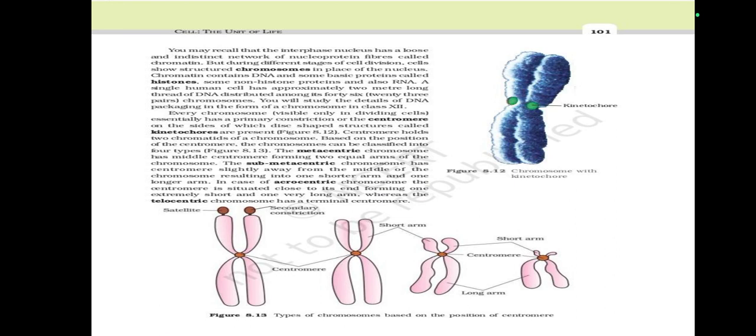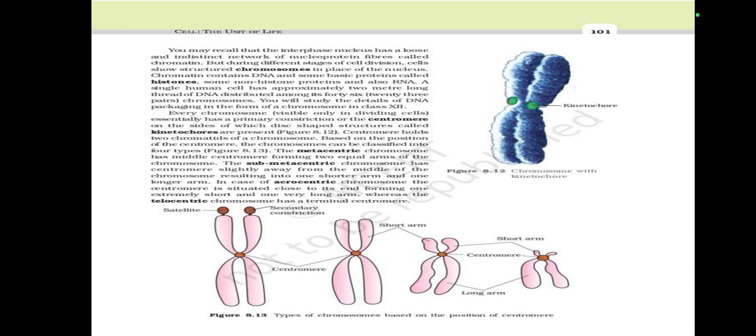A single human cell has approximately a 2-meter long thread of DNA distributed among its 46 chromosomes, 23 pairs. You will study the details of DNA packaging in the form of a chromosome in class 12.